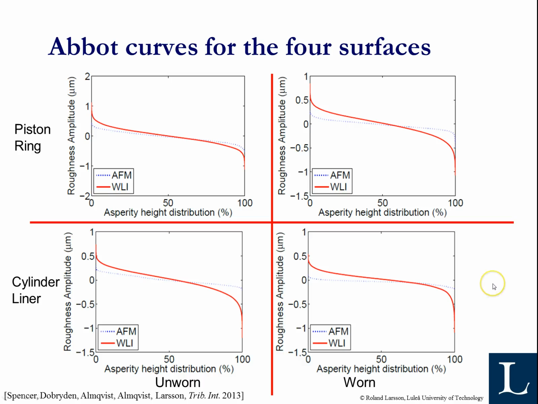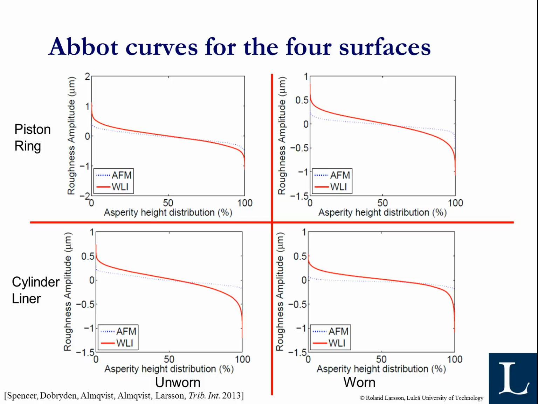And this slide shows a little bit the problems with measuring surface roughness. It's a comparison between an AFM and an optical instrument, the WLI here in this slide. And you can see that these are the Abbott curves, the bearing ratio curves, and that you get slightly different, and actually pretty big difference between surfaces by using different tools.